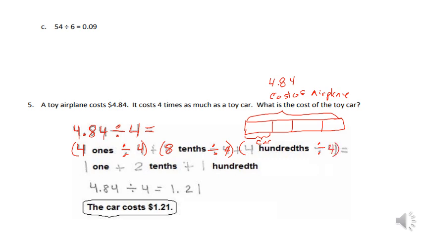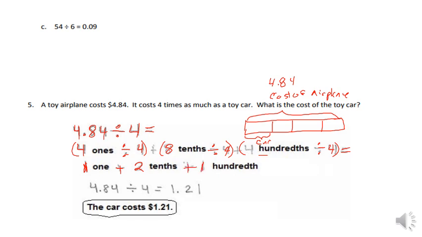So we're just basically dividing by place value. So now I know 4 ones divided by 4 gives me 1 one. 8 tenths divided by 4 is going to be 2 tenths. And 4 hundredths divided by 4 will give me 1 hundredth.